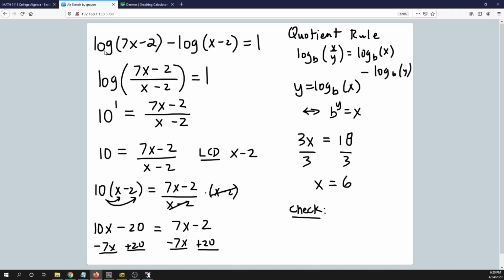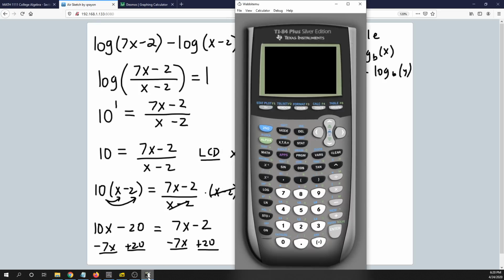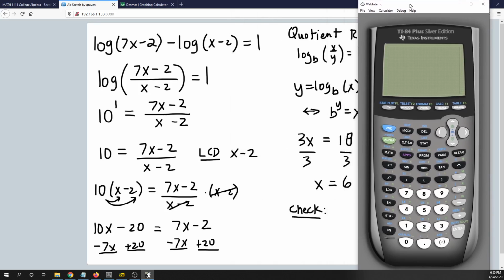So this equation is really easy to check. It's log base 10. You can check with your calculator. So if you do that, log of 7 times 6 minus 2, and then minus log of 6 minus 2.